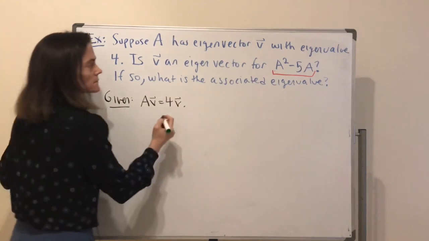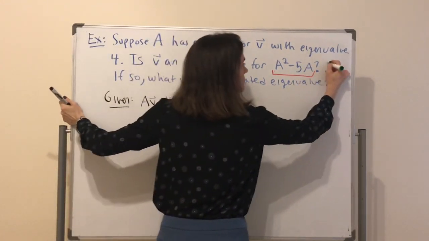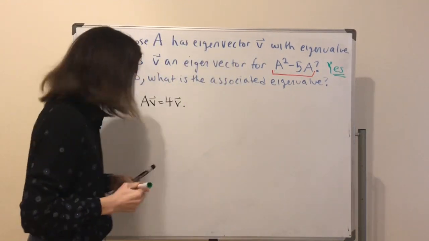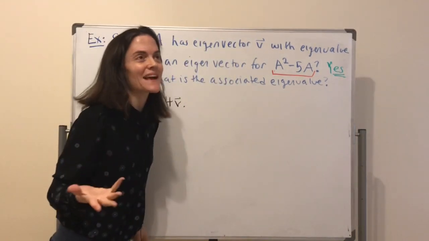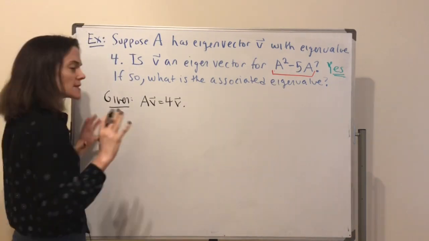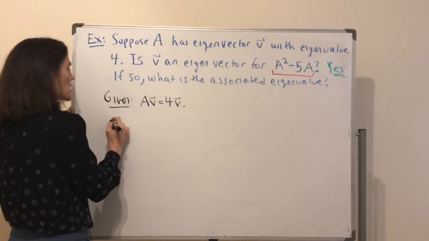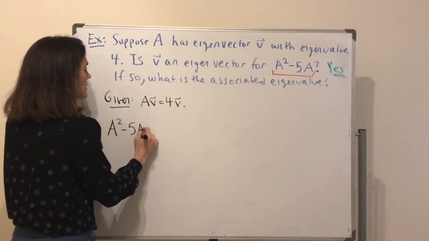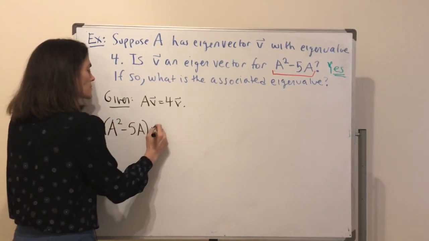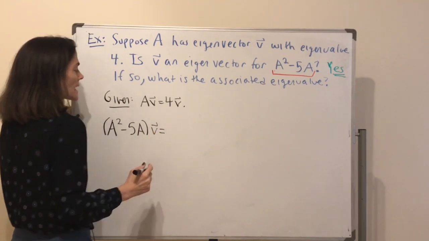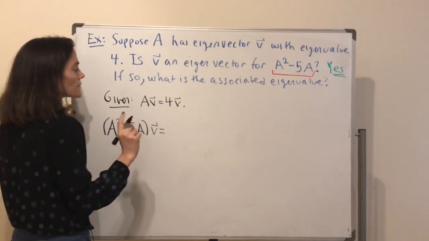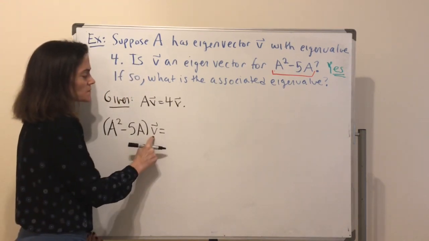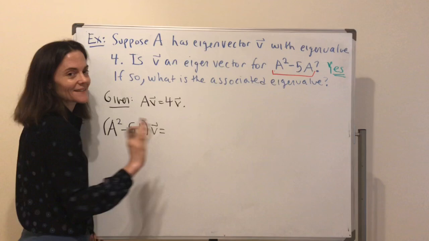So first, yes. Well, we will realize it is just by using matrix operations, I should say. If you want A squared minus 5A times vector V, the answer will be yes provided this matrix times V is a multiple of V, right?